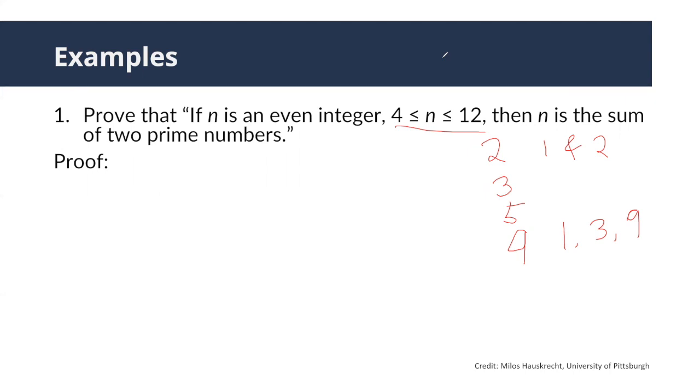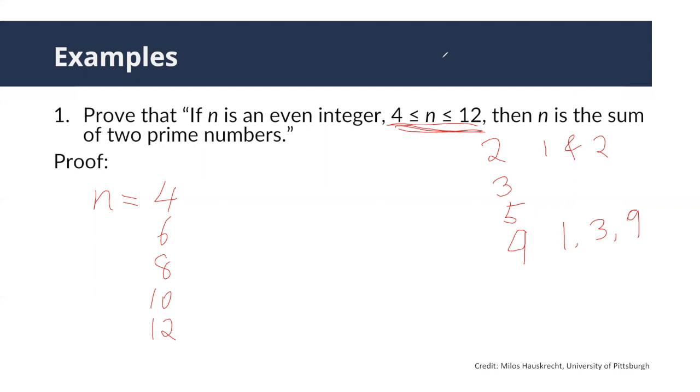Okay? Now, how are we going to prove n is the sum of two prime numbers if n is an even number and is in this range? And you already know that we're going to use proof by cases. Since n is even and n is in this range, we can just consider all the possible values of n, because n can only be equal to 4, 6, 8, 10, and 12.